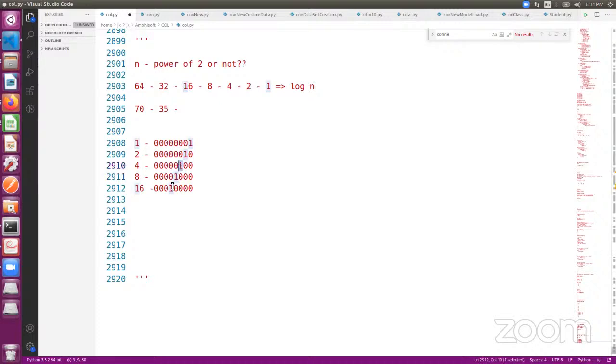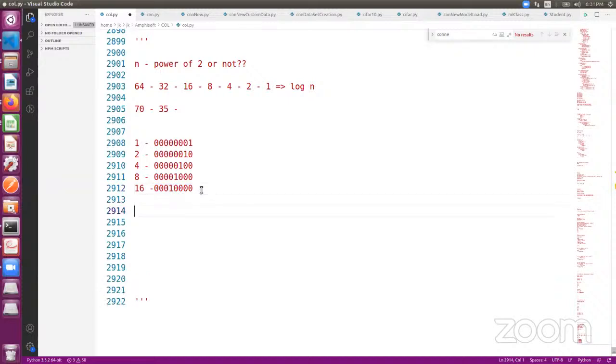Got it? All the numbers less than 16 will not have this particular bit as 1. So it will just revolve around these 4 bits only. This particular bit will not be set for any of the numbers less than 16. And this is the same for all these cases.